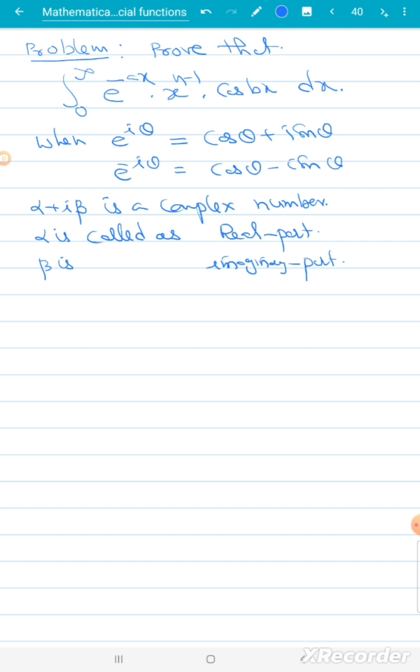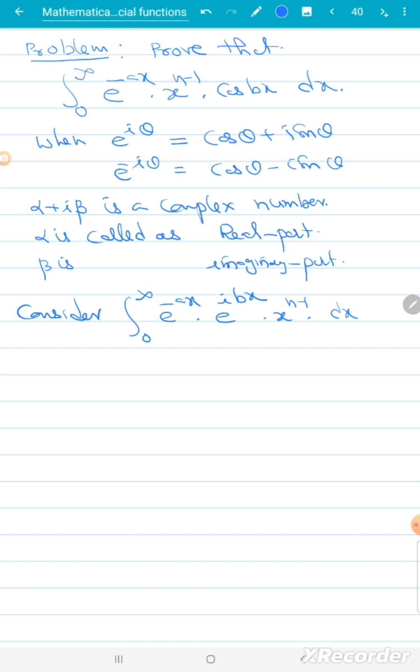So now, to prove this result, we need to consider integration 0 to infinity e power minus ax and e power i into bx into x to the power of n minus 1 into dx.